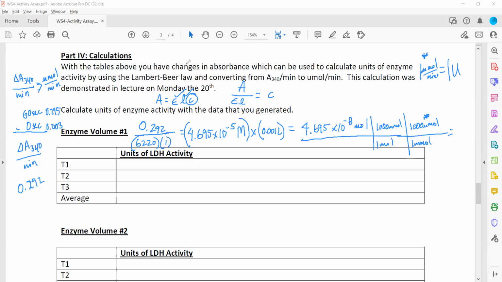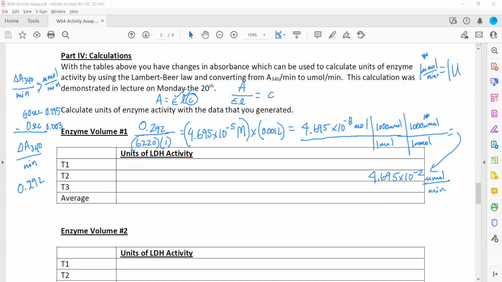So 4.695 times 10 to the negative 8th times 1,000 times 1,000. That's going to give me a value of, I'm going to write it down here, 4.695 times 10 to the negative 2nd micromole per minute.